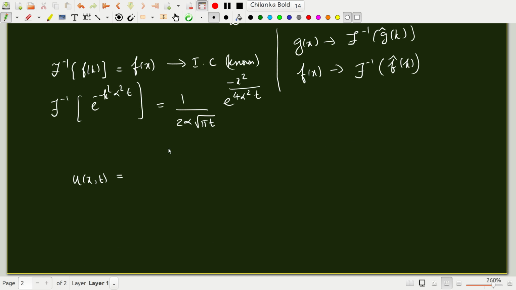So u of x, t is nothing but 1 over 2 alpha root pi t. The integral is only over z, so I can pull out time. Integral from minus infinity to infinity of f of z e to the minus x minus z squared by 4 alpha squared t dz. That's it. This is the formal solution to the problem.